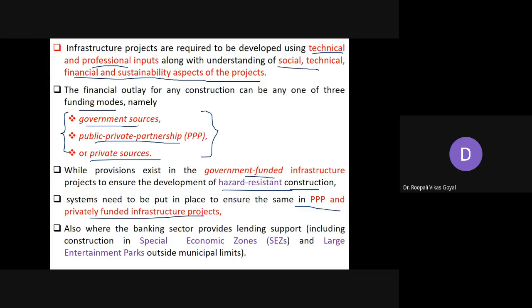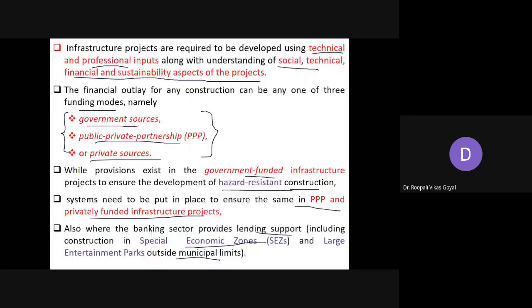And also where the banking sector provides lending support, including construction in the special economic zone, which is called the SEZ, and the large entertainment park outside the municipal limit. So everywhere, whatever rules and regulations related to disaster-proof construction, they are to be applied, because these are also very important.